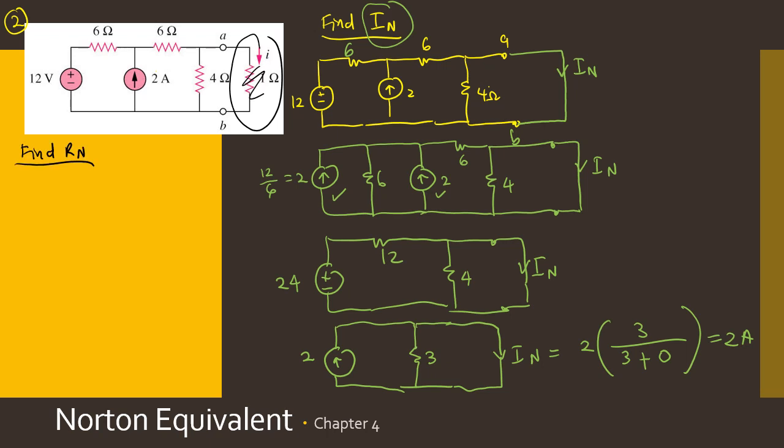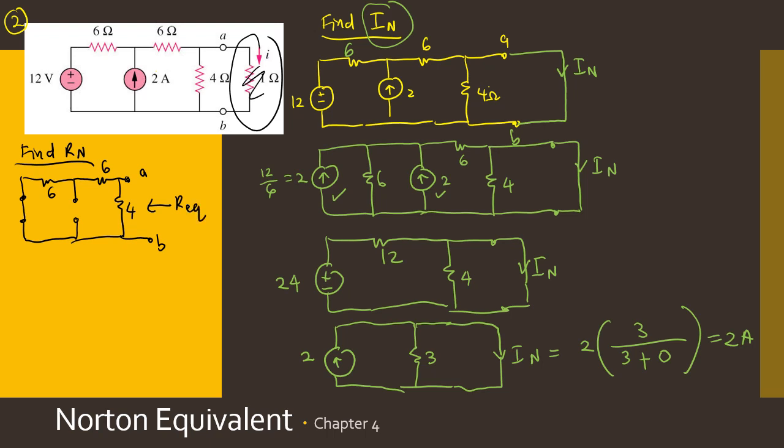What about the R Norton? Yes, you need to turn off the independent sources, just like the Thevenin part. This is open circuit for the 2 amps current source. Then you need to have, this is 4, this is A and B. No need to short this path.